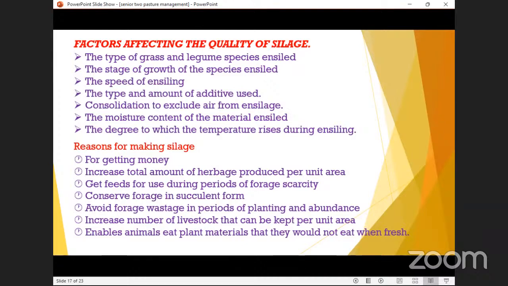And then the other, it enables animals to eat plant materials that they would not eat when fresh. There are some materials or nutritive pastures which some animals don't feed on when they are fresh. They want them in a fermented form. So it helps them to use such pasture.